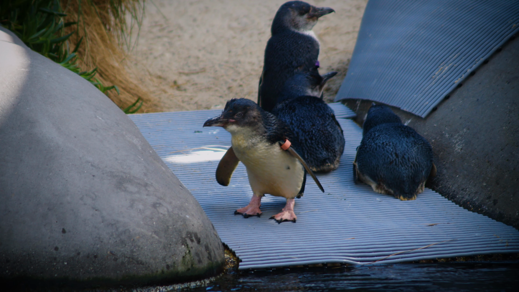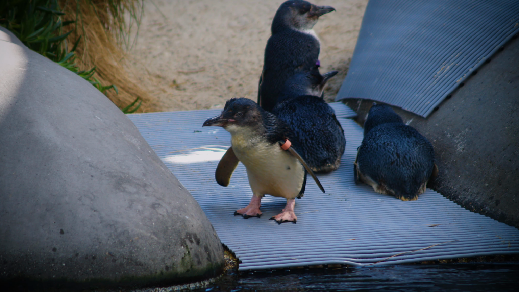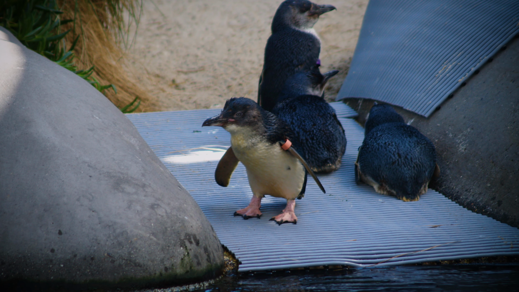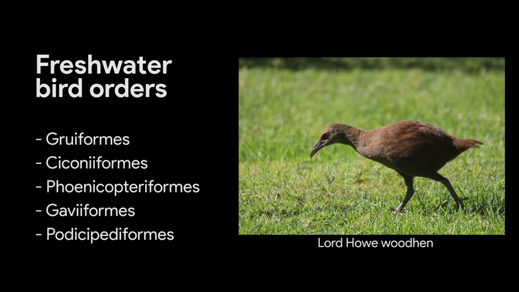Birds that live around marine environments may sometimes be called waterbirds, but generally they're called seabirds. There are 5 orders which include birds that predominantly live around fresh water. It's usually the birds from those 5 orders that we refer to as water birds.